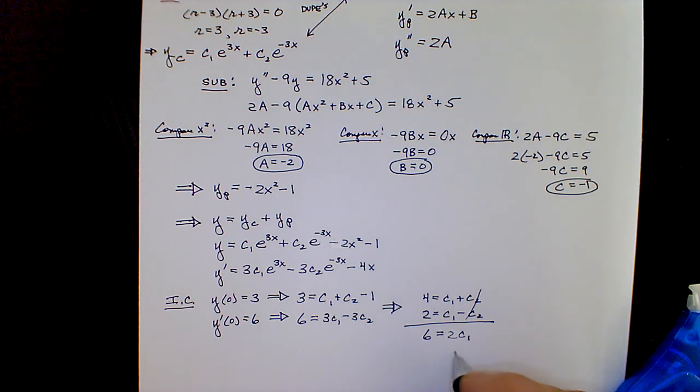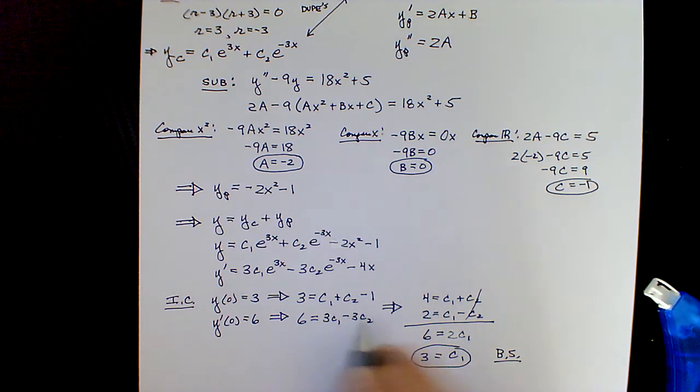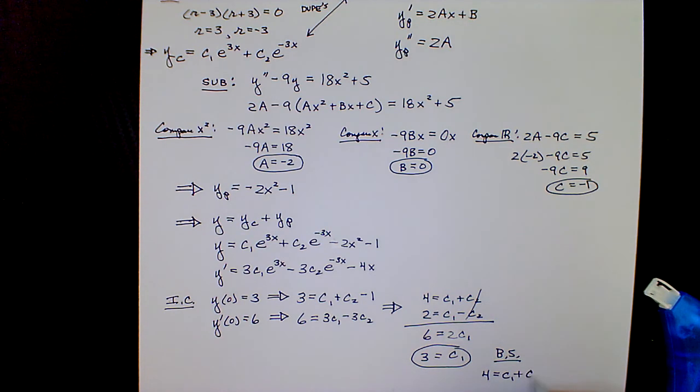So therefore, c1 is 3. And then we back substitute to find c2. Use either equation. I'm going to go with the 4 equals c1 plus c2 equation. And c1 was 3. So c2 is 1.